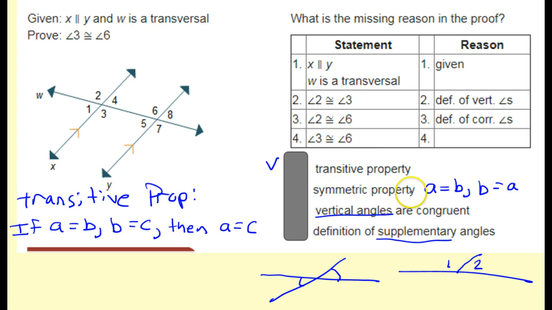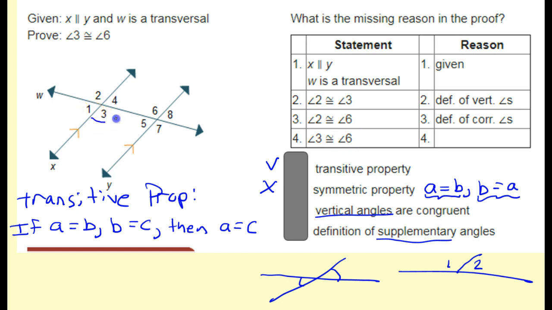The symmetric property, all we can do is switch the two statements around backwards. So if they say, if 2 is equal to 6, then 6 is equal to 2, that would be the symmetric property. They didn't say that, so it's not the symmetric property. What about vertical angles? This last statement says angle 3 is congruent to angle 6.